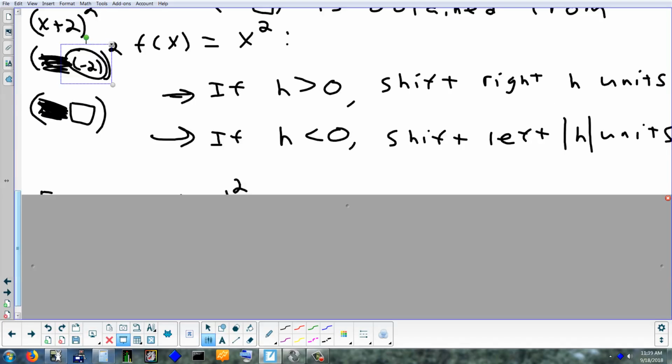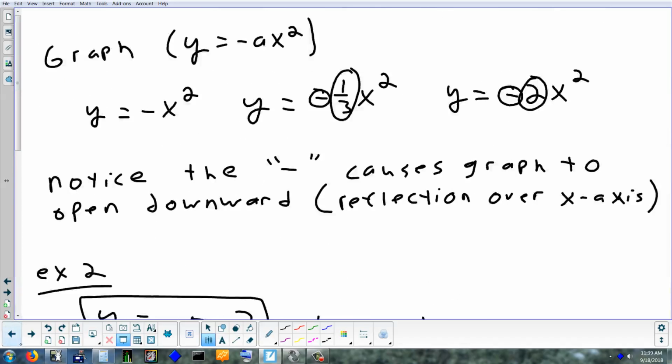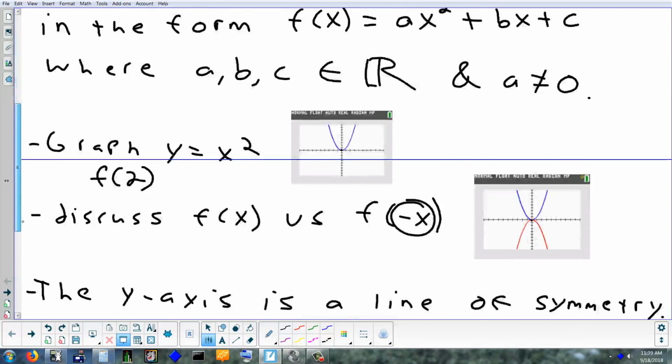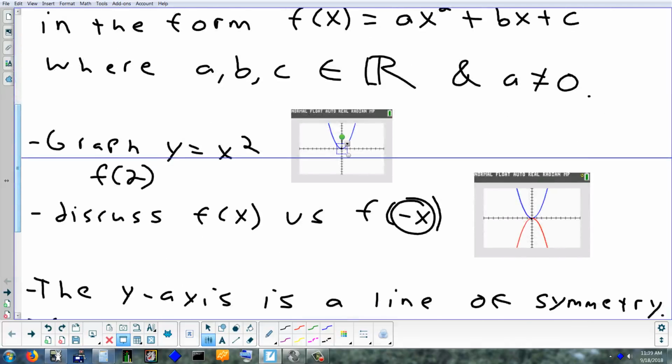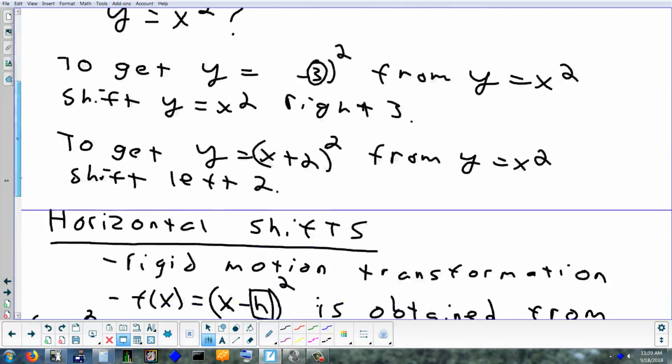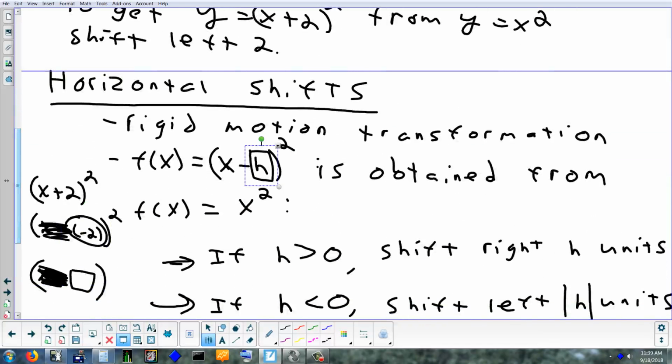So now that we've talked about shifting left and right, we can find the vertex. Because remember, the vertex is always at the origin unless you shift it left and right or up and down. H controls shifting left and right.